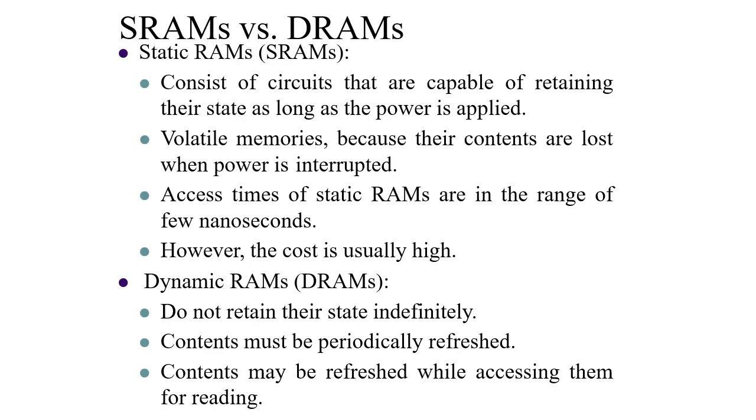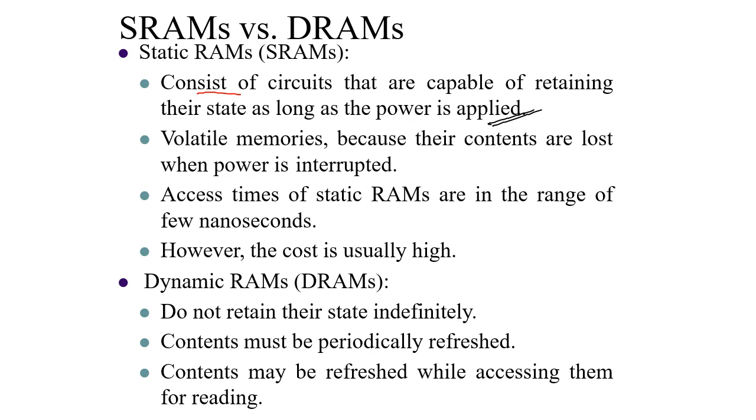In this slide, we will identify the difference between the static RAM and the dynamic RAM. The static RAM consists of circuits that are capable of retaining the state for much longer time, as long as the power is applied.